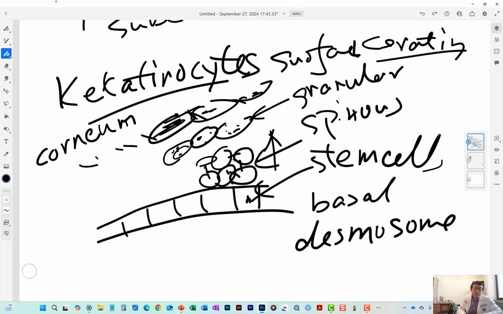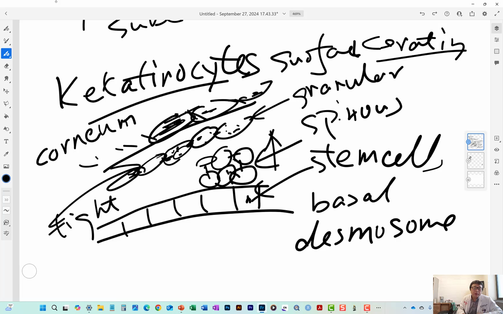This mixture is waterproof. It serves as the very top layer of the skin to prevent any water-soluble things from getting into the body. Plus, in the granular layer, all the cells are also connected together by another cell-to-cell junction called a tight junction. By the name, you can tell that it's very tight.